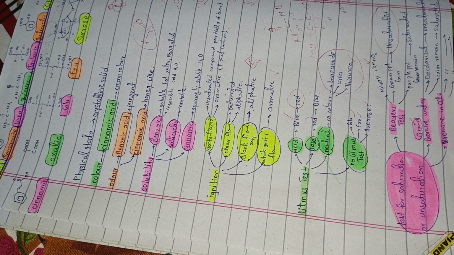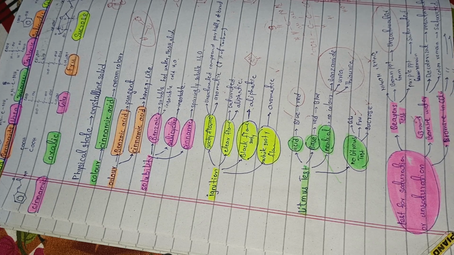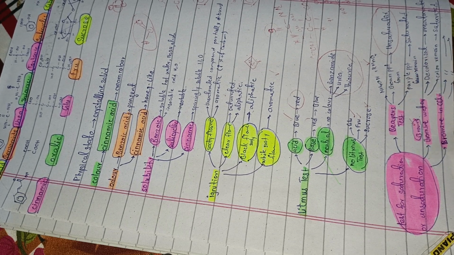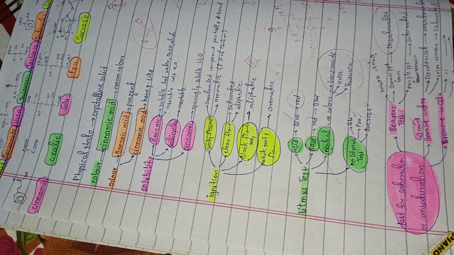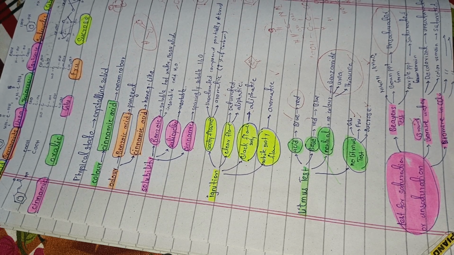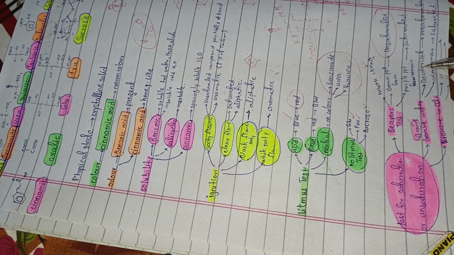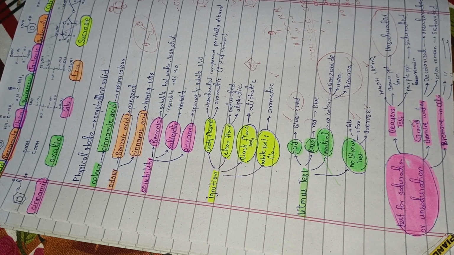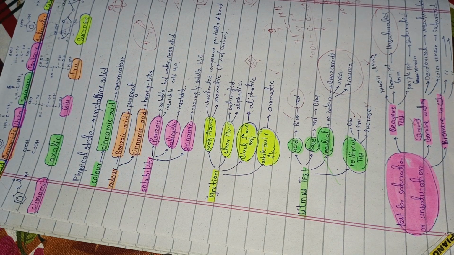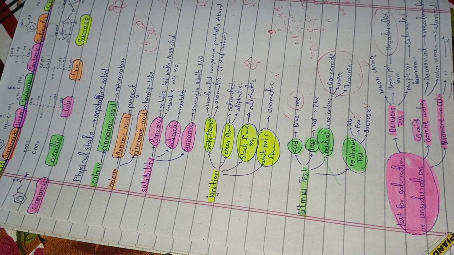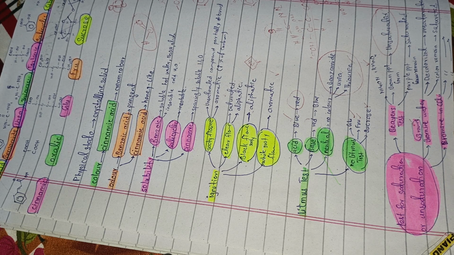So what is going to happen? If decolorization occurs, meaning this brown color vanishes and disappears, and a watery-like color appears, it indicates that your compound is unsaturated. As all of our compounds are unsaturated, in the bromine water test all of these compounds are going to show decolorization.